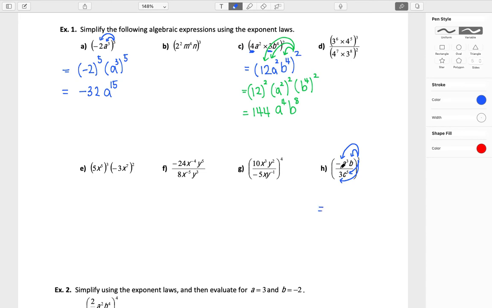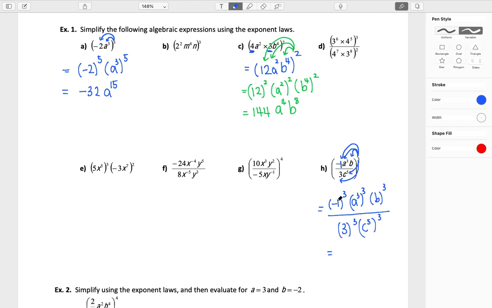So don't forget, you can consider negative A to the cube, or you can consider that there's an invisible negative 1. So you could say negative 1 to the 3, and then A to the 3, B to the 3, all 3 of them, including the coefficient negative 1 to the 3, C to the 5 to the 3.